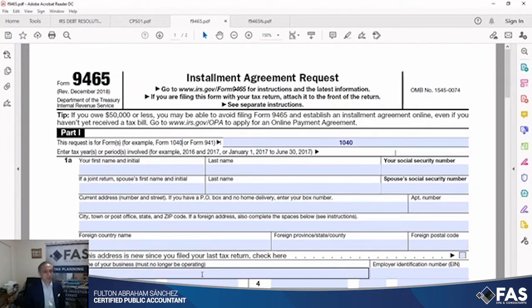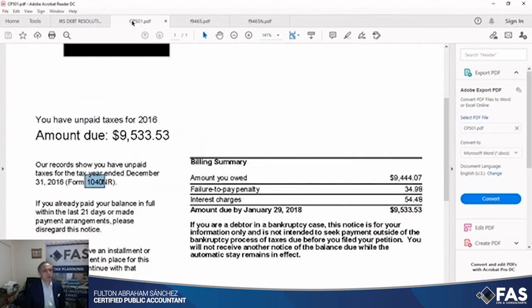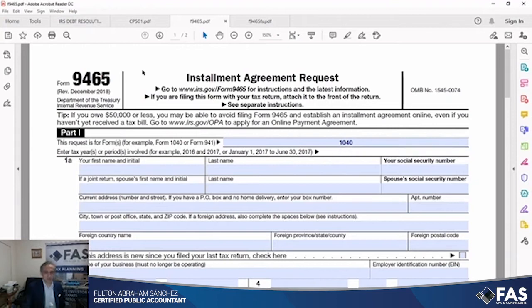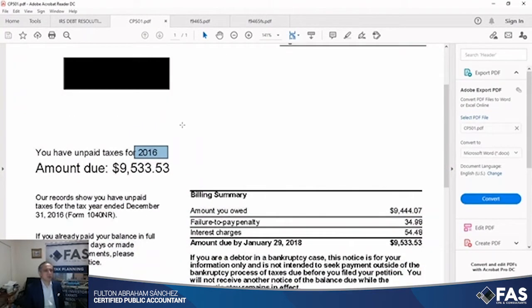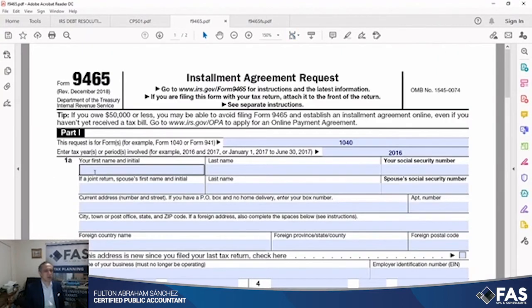Following the same letter, we know that this is for the 2016 year. So we're going to put 2016 here. Just follow the instructions. For the name, we're going to use a generic name here, for example, John Smith.